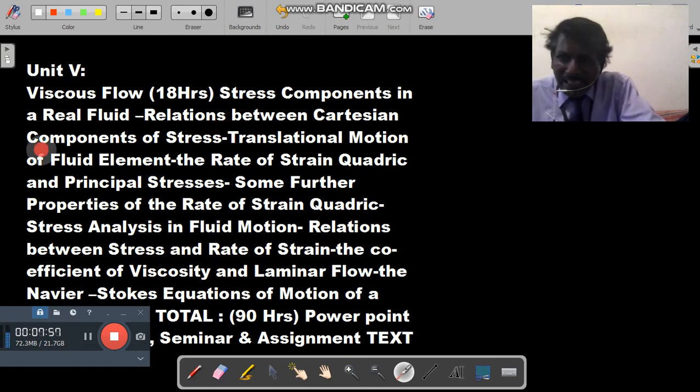Relations between Cartesian components of stress, translational motion of fluid elements, the rate of strain quadric and principal stresses, some further properties of the rate of strain quadric, stress analysis in fluid motion, and all these things that we are going to study here. Laminar flow and the Navier-Stokes equations of motion. So totally 90 hours is needed to finish the whole portion.